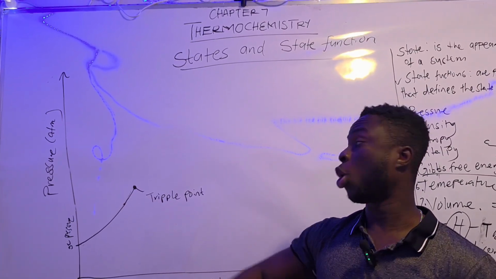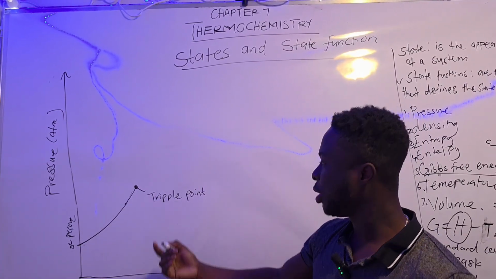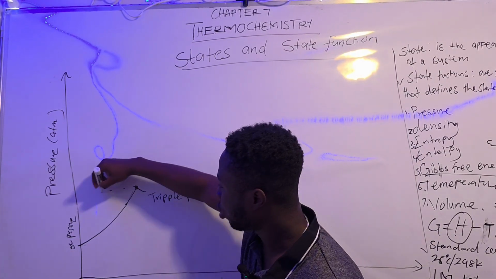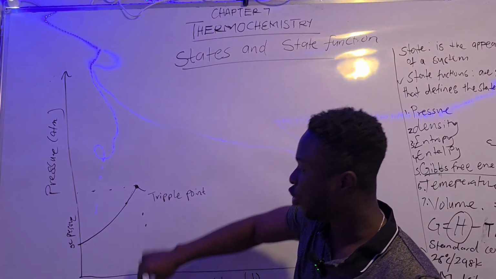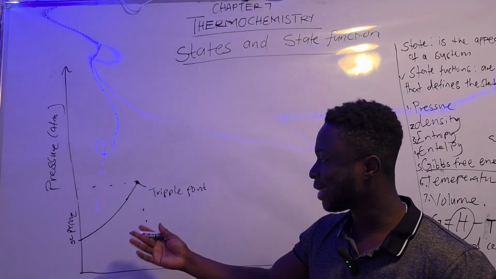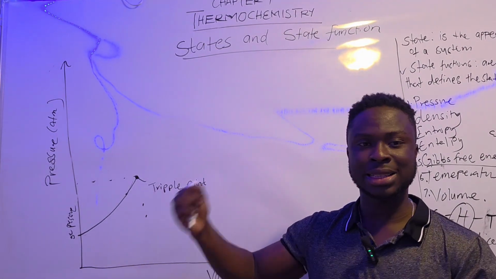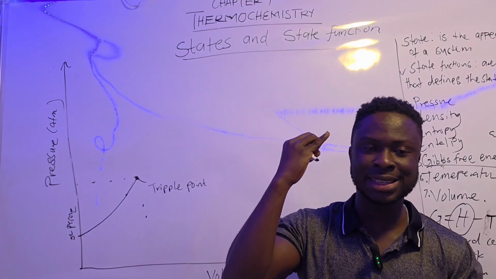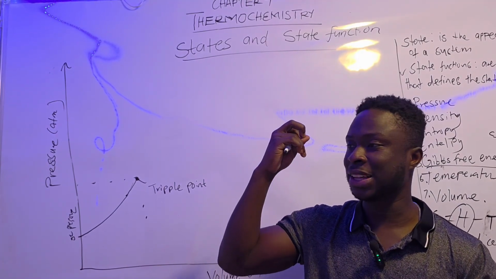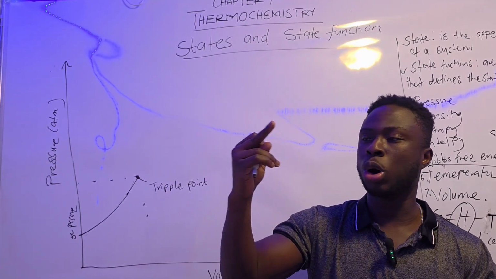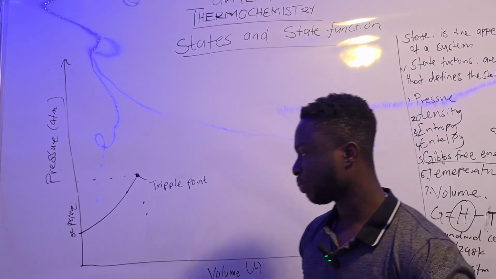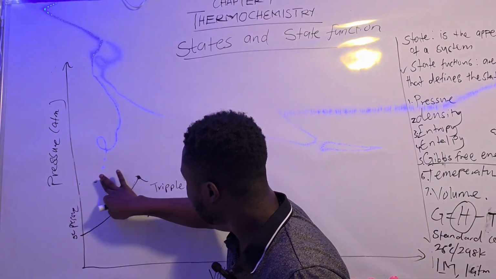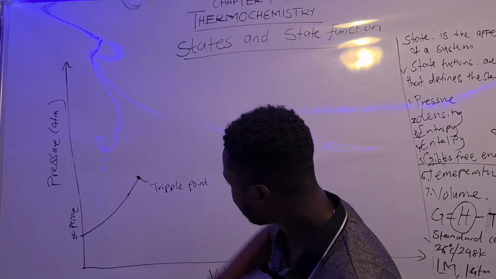Solid, liquid, gas, all exist over there. So you see, it is some amount of pressure, and then at some amount of volume, theoretically, a system can exist as solid, it can exist as gas, it can exist also as what we call liquid.